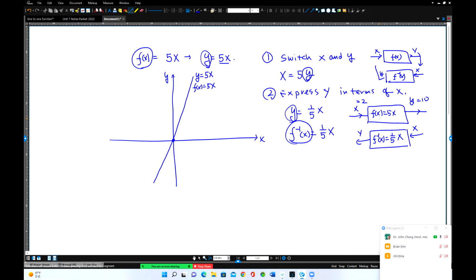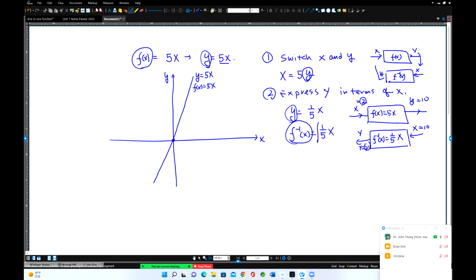But you're going backward, from output you're going to find input. Now the input is 10, and the output is 1 over 5 times 10, which is 2. Exactly the same numbers, but this system is well designed. It's a two-way system, we can use it forward or backward. That is a good system. So we switch x and y.